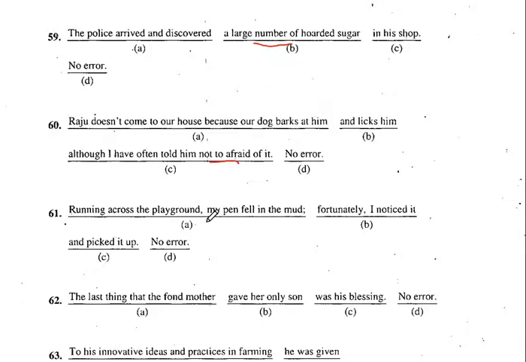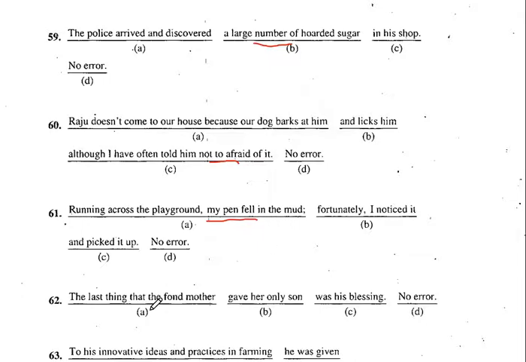Here it has to be subject, because in the secondary clause we require a subject. The clause at the beginning, running across the playground, is an ing form, so you have to have I dropped my pen. It should be I dropped my pen. Got it?